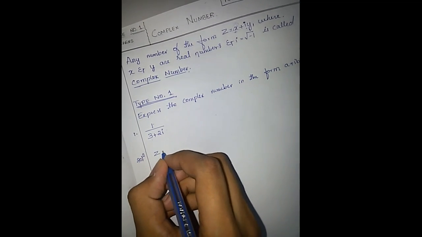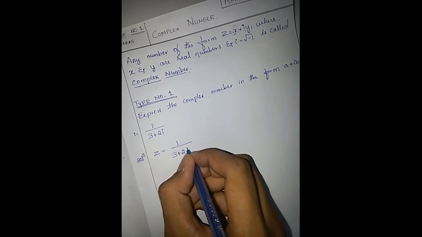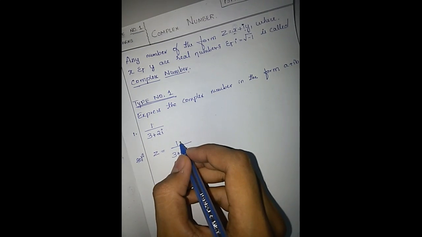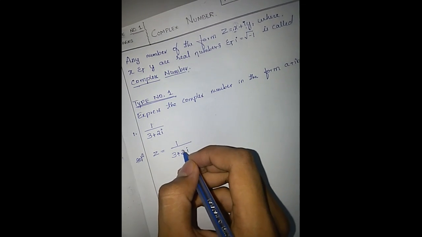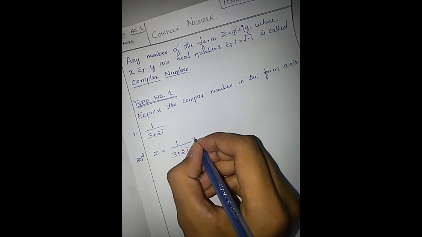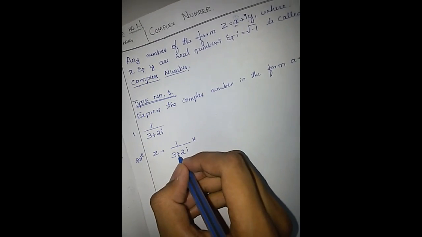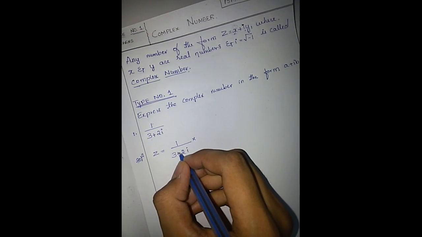z is equal to 1 divided by 3 plus 2i. As this is a division of complex numbers, we have to take its conjugate. Conjugate is nothing but multiplying and dividing by the same number with its sign changed.